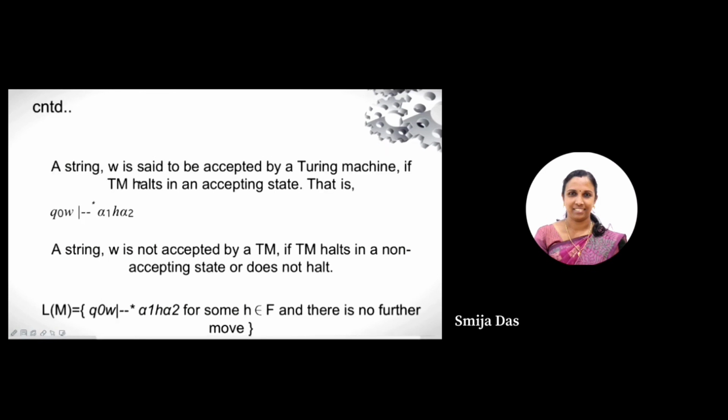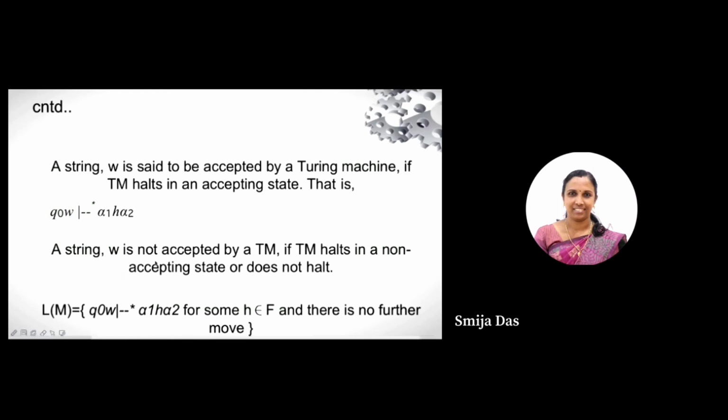A string W is said to be accepted by a Turing machine if the Turing machine halts in an accept state. That is, from the start state Q0, on processing the string W, after a sequence of moves, after a sequence of transitions, if it reaches an accept halt state H, then that input string W is said to be accepted by the Turing machine.